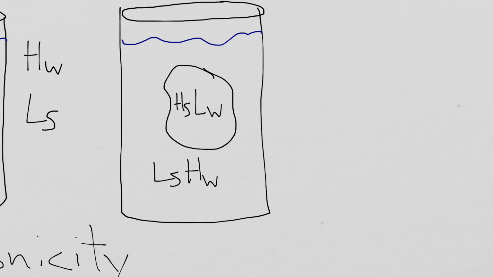Because the solute is lower on the outside, that is what we call hypotonic. So, whenever you have the lower concentration of the solute on the outside, it's hypotonic.